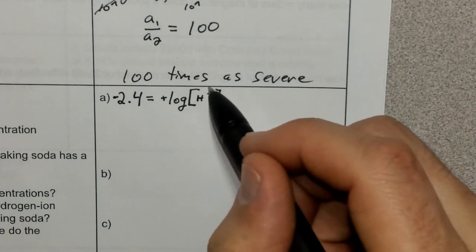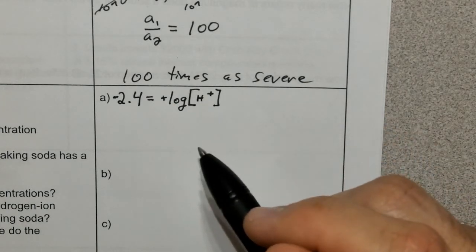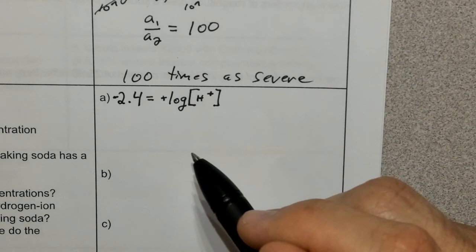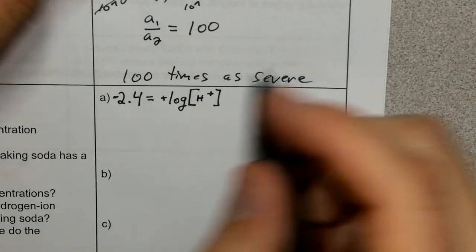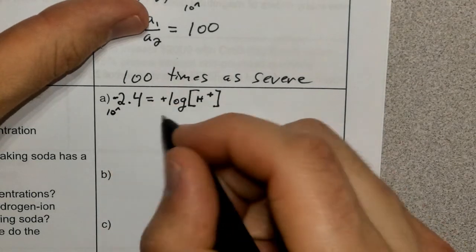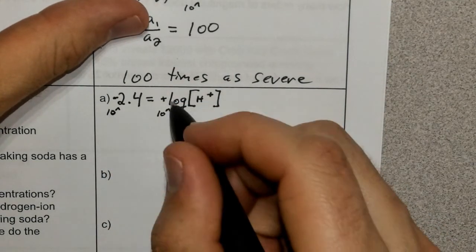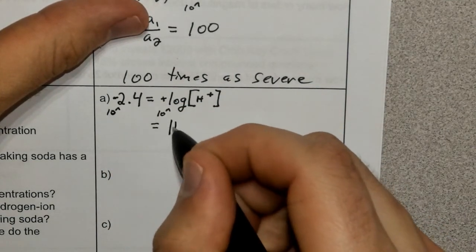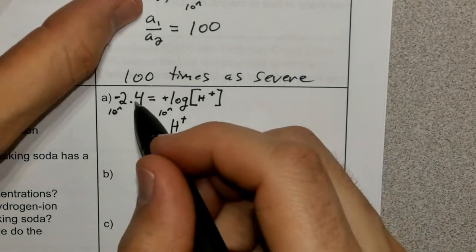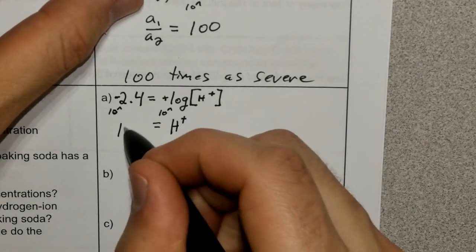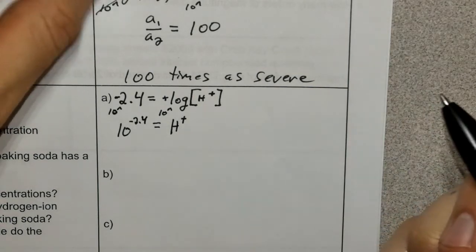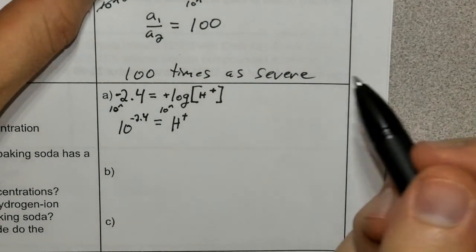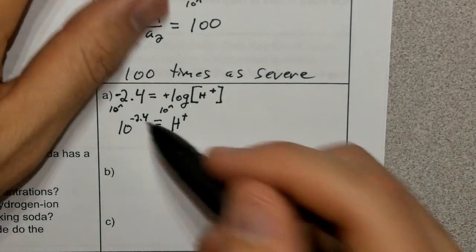So what should I do to get H plus by itself here? Yeah, exponentiate with the base 10, right? 10 to the left, 10 to the right. So I get, on the right, just H plus. On the left, I get 10 to the negative 2.4. So it's just 10 to the negative 2.4. Let's leave it like that for now.